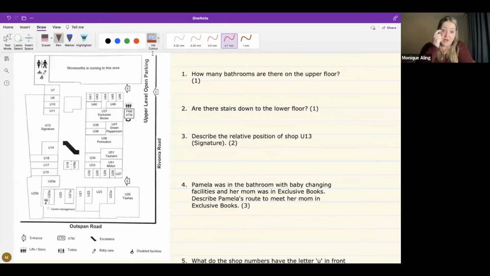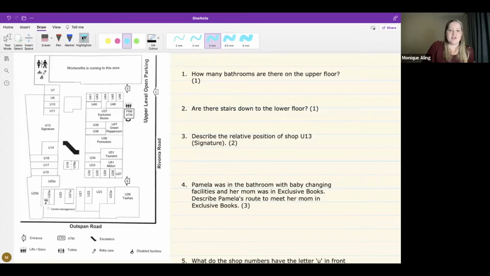Okay, so we have a look. How many bathrooms do we see? When in doubt, always check the symbols at the bottom or on the side, wherever they give it to you. But I think we all know the symbols for bathrooms. I'm seeing 3 bathrooms, I'm seeing 2 bathrooms in the answers.